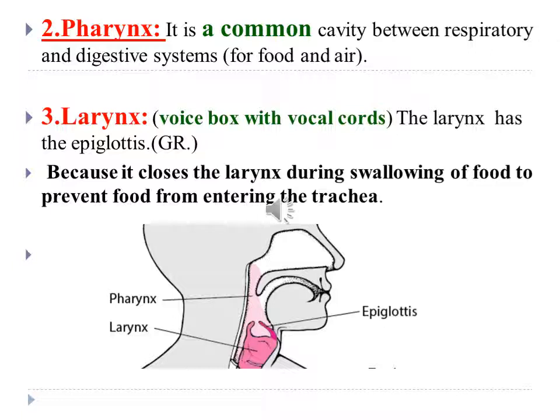Epiglottis acts like the doorman, closes the larynx during the swallowing of the food to prevent the food from entering our trachea. So if asked to give reason why larynx has the epiglottis, the answer will be because it closes the larynx during the swallowing of the food to prevent the food from entering trachea.